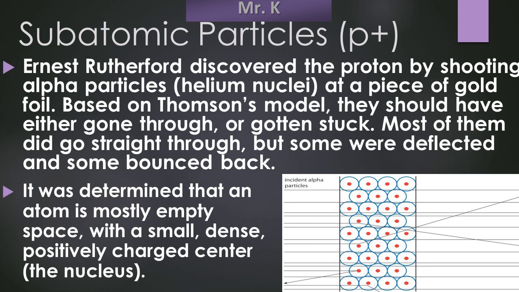What he noticed was most of them did go straight through, which wasn't the biggest surprise in the world. He found that some were deflected and bounced back, which is unexpected, which led to the idea that, well, an atom is mostly empty space with a small, dense, positively charged center, the nucleus, and we now know this to be true.